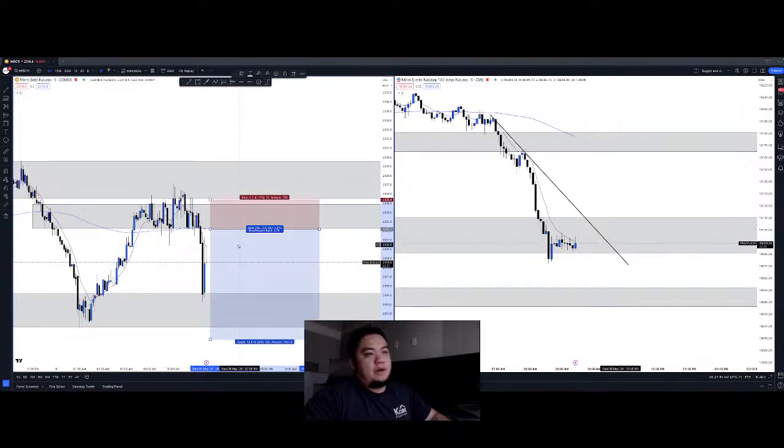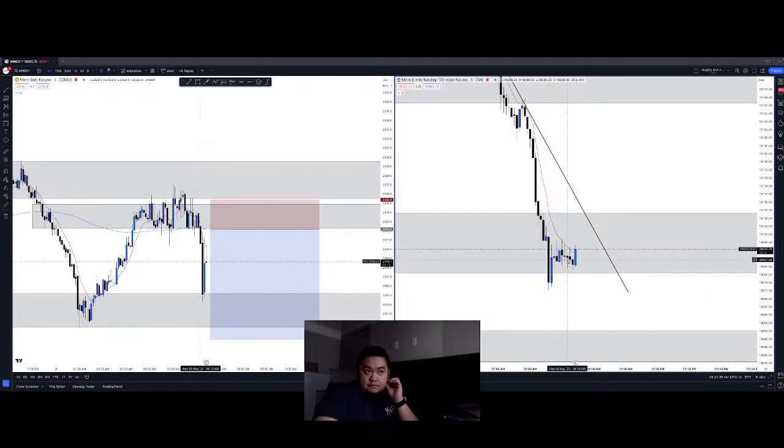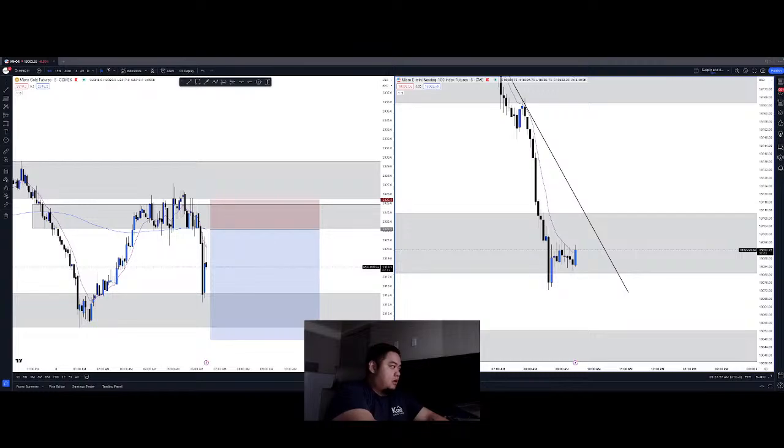Longs on NQ actually look good since we made the lower high here. So I would want to see it push higher and come back.